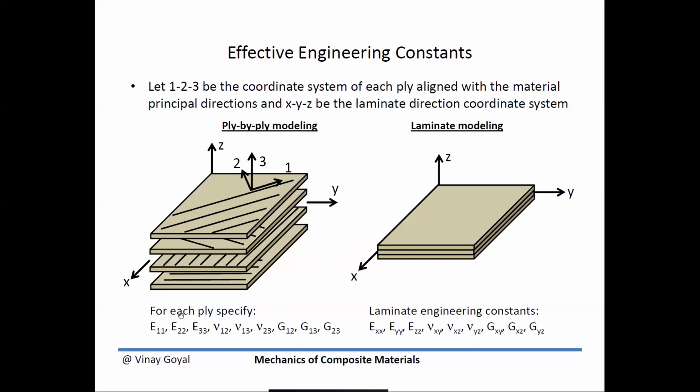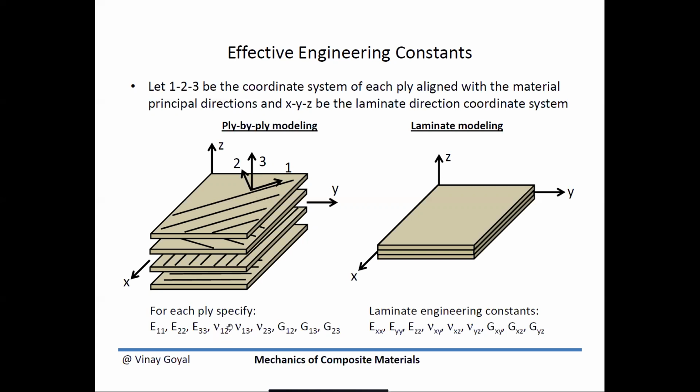What we would like to do is specify the material properties for a single lamina. As you can see here, E11 represents the modulus in the one direction. E22 represents the modulus transverse to the fibers. E33 represents the modulus through the thickness direction. Nu12 represents the Poisson ratio due to loading in the one direction, contraction in the second direction.